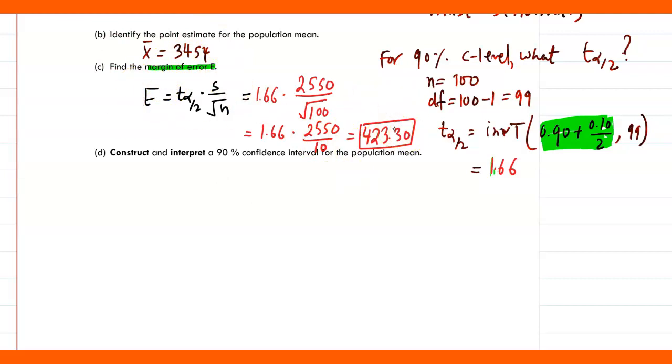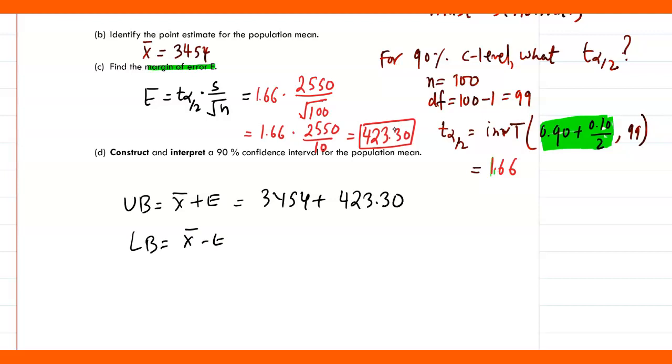Therefore the upper bound is x bar plus e, which is 3454 plus 423.30, and the lower bound is x bar minus e, which is 3454 minus 423.30.